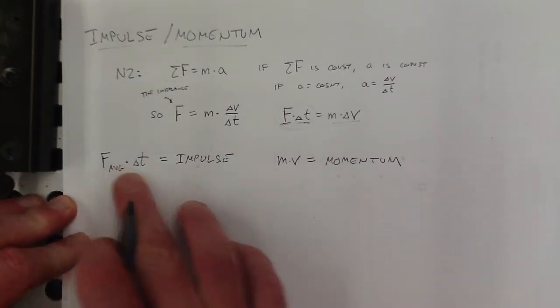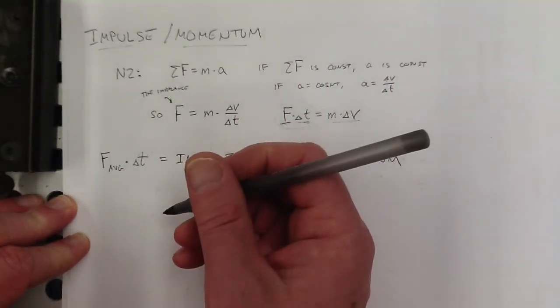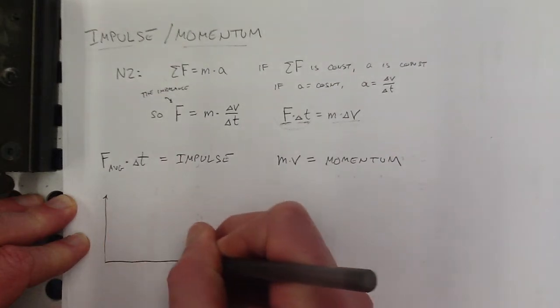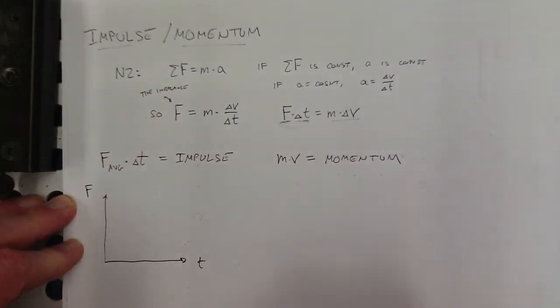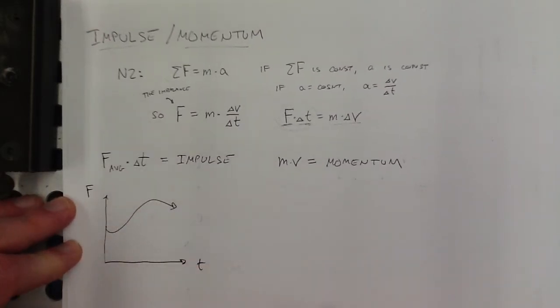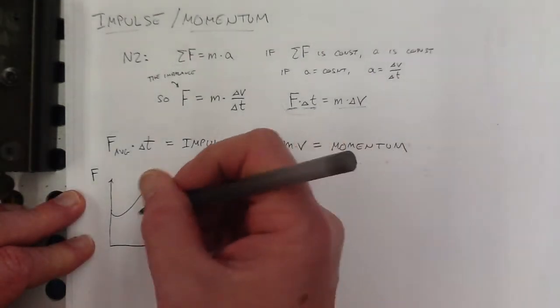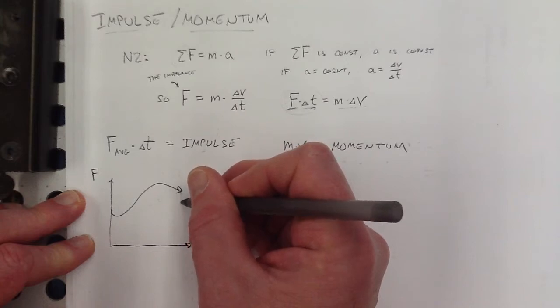So, what if that force is not constant? Let's say we had a force versus time graph, and we have some force that is not constant. What about that? And let's say it stops acting like here.